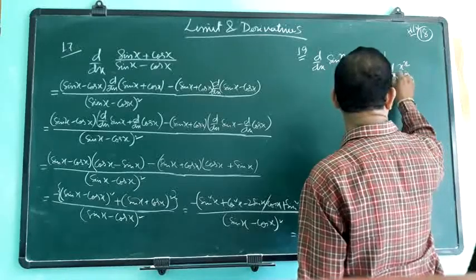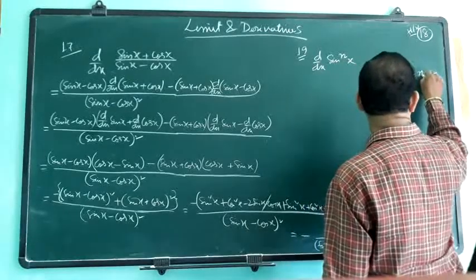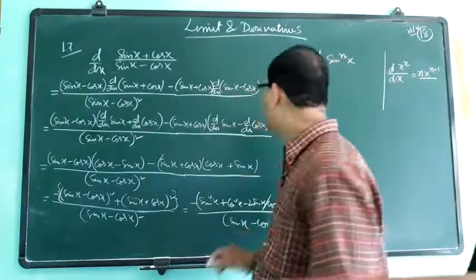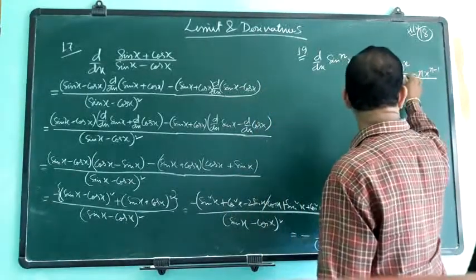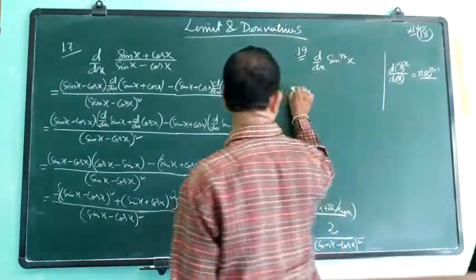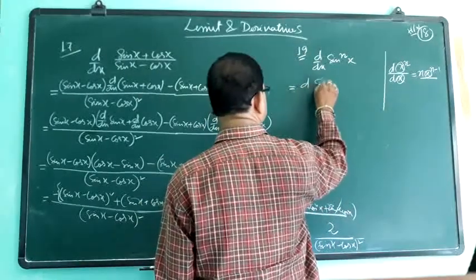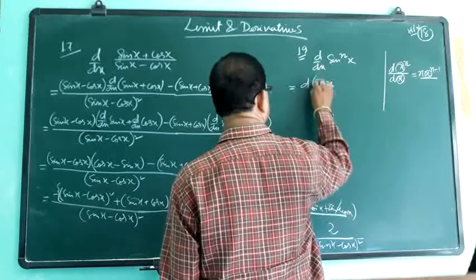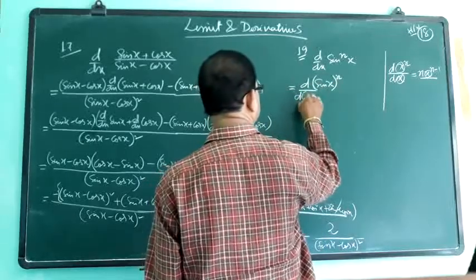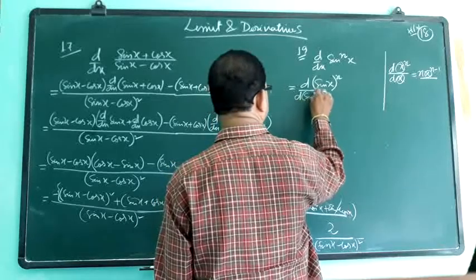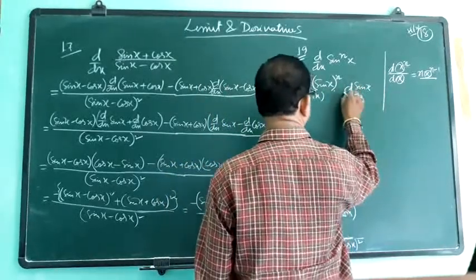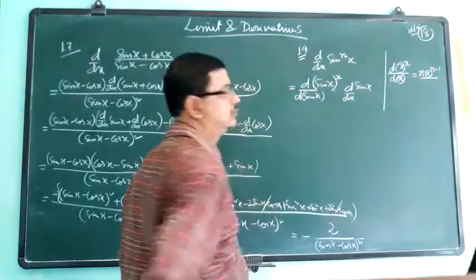If we want to differentiate, then it will be n x to the power n minus 1. So what is the similarity? This is x, then the answer will be in terms of x. So students, you see sin x whole thing to the power n, with respect to d sin x, with respect to x.